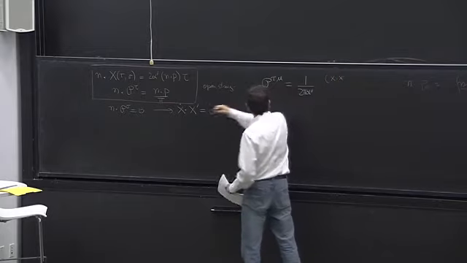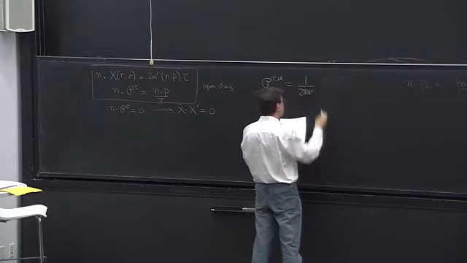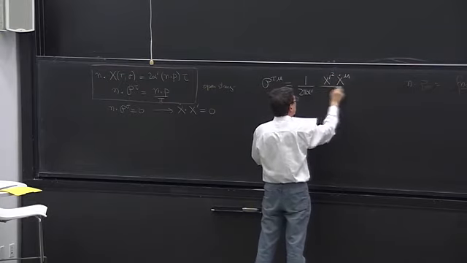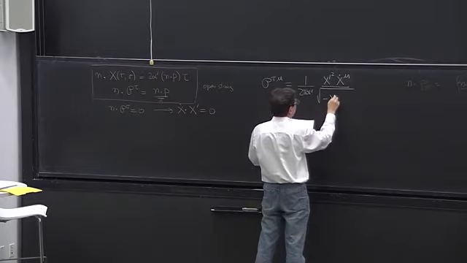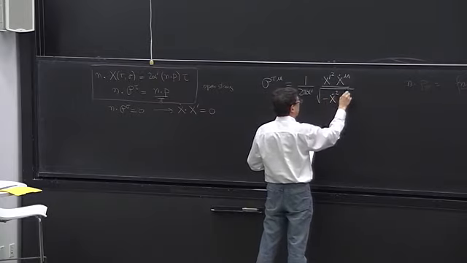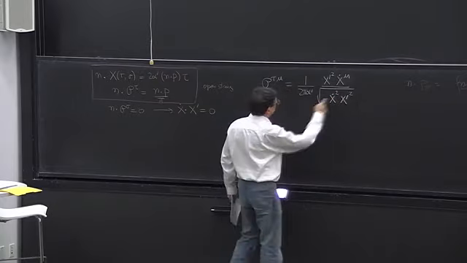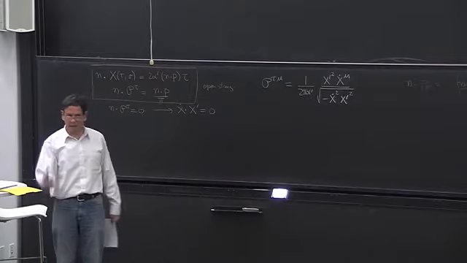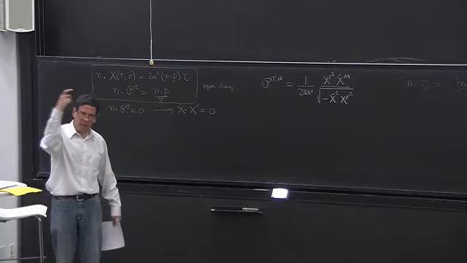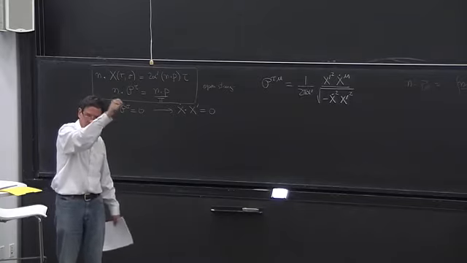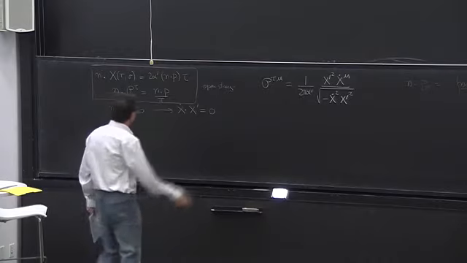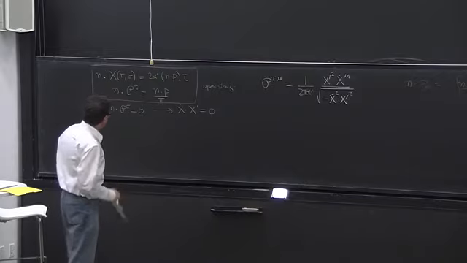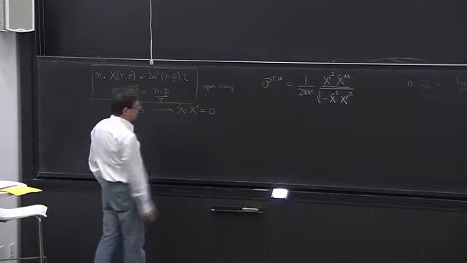But now that is 0, so that simplifies dramatically, and you get x prime squared times x dot mu over the square root of minus x dot squared x prime squared. This part you remember because that's a Nambu-Goto square root, and that Nambu-Goto square root has x dot x prime squared minus x dot squared x prime squared. And this part was 0. So this is as simple as it has gotten given this condition, which is nice.